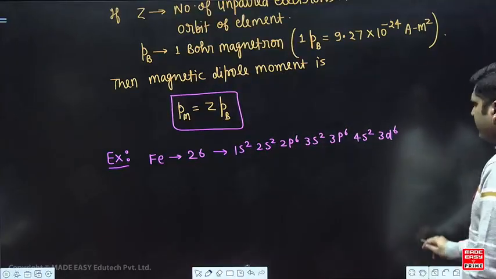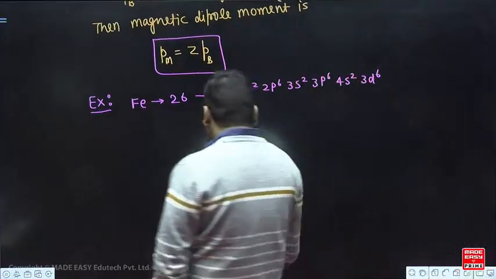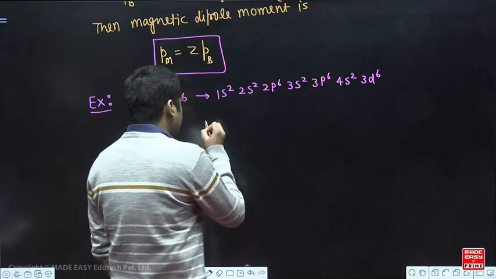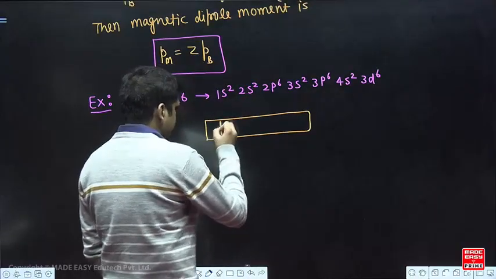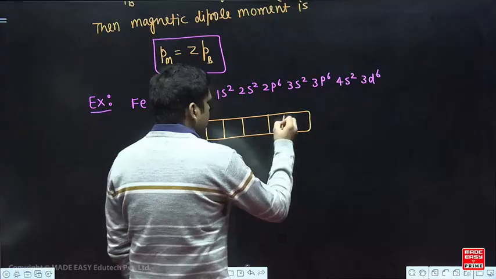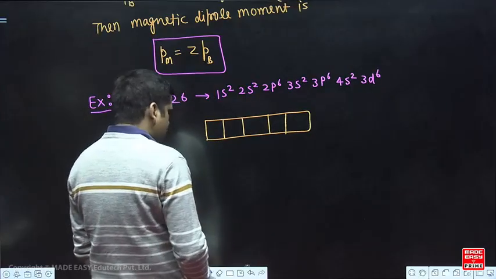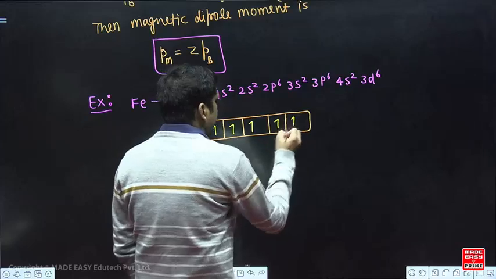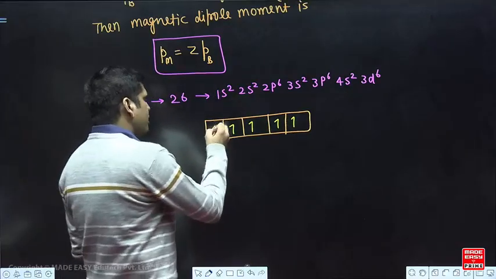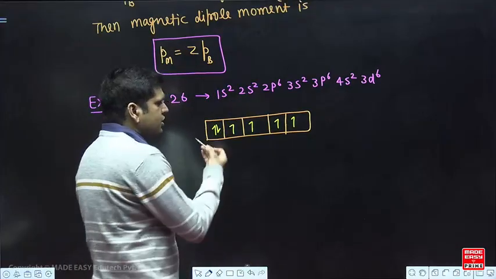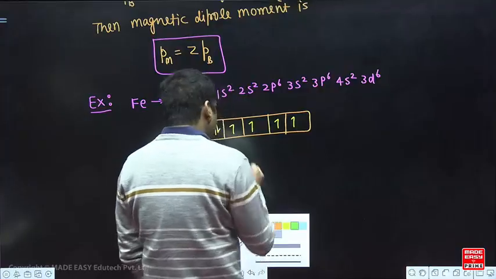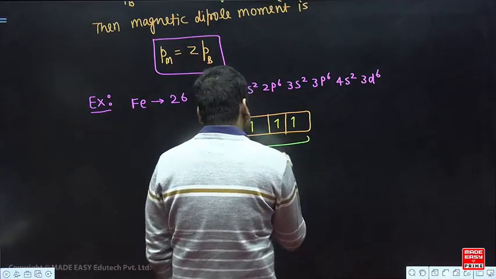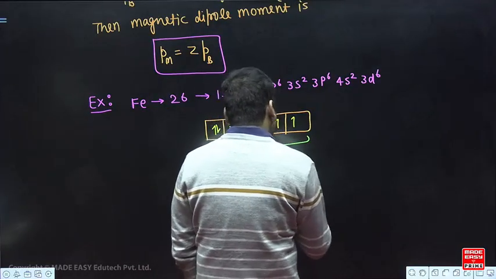So how many unpaired electrons are there? D has 5 energy states, I told you in the first chapter. So first single unpaired electrons, 1, 2, 3, 4, 5, and then pairing will start. So 6 electrons are filled. How many unpaired electrons are there? Z is equal to 4 unpaired electrons.